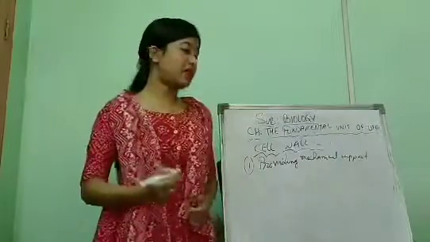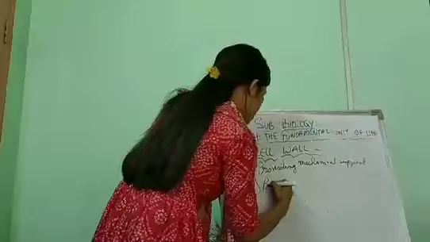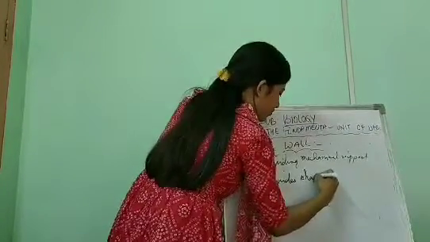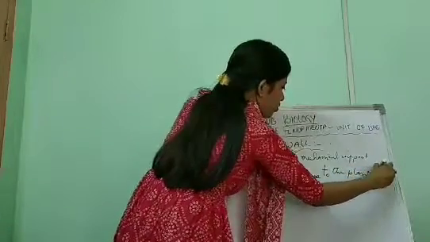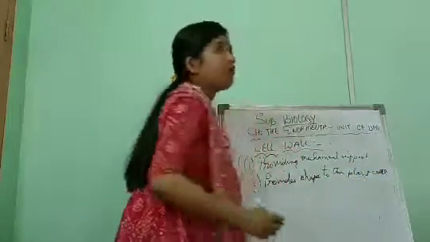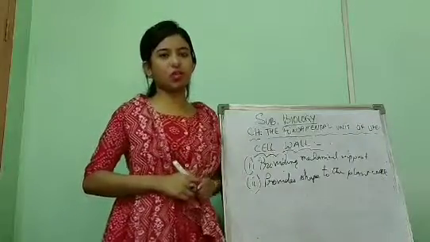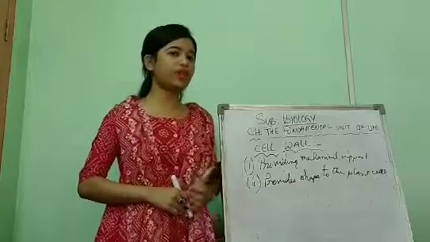Number 2 is it provides shape to the plant cell. The plant cell will get its rigid shape because of the structure of the cell wall.